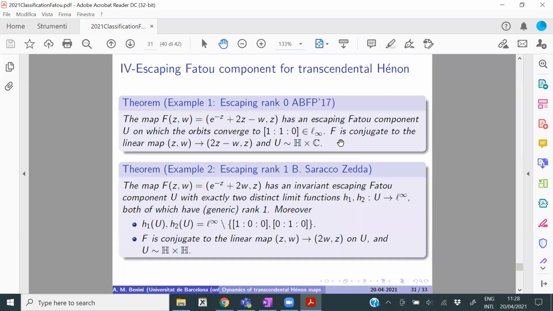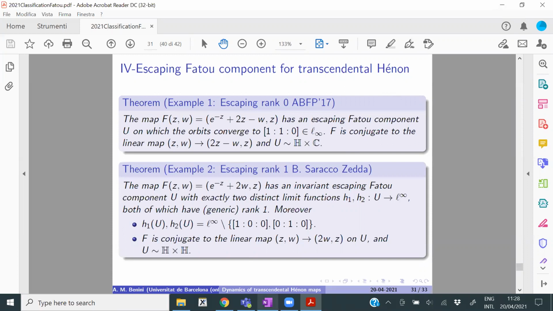These Baker domains are kind of a little bit of a different geometric structure because the Baker domain in which you converge to a point is biholomorphic to H times C, and the Baker domain in which you converge to the rank 1 limit function is biholomorphic to H times H. So this is a hyperbolic set from the point of view of geometry in several complex variables.